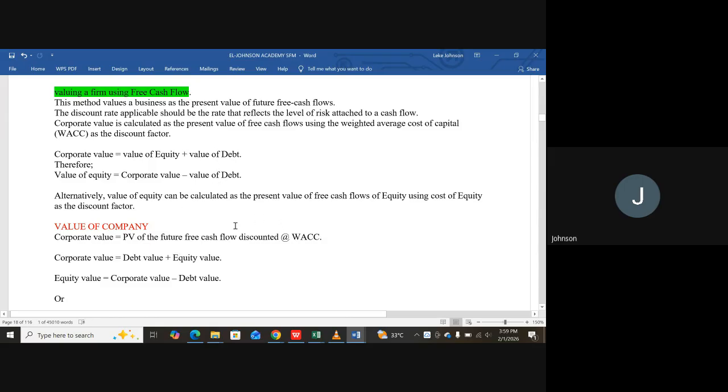We also don't add the proceeds that were made from the sales of assets. We also don't show it. So when you don't deduct the interest and everything, you have the corporate value, which is the value of the equity plus the value of the debt.